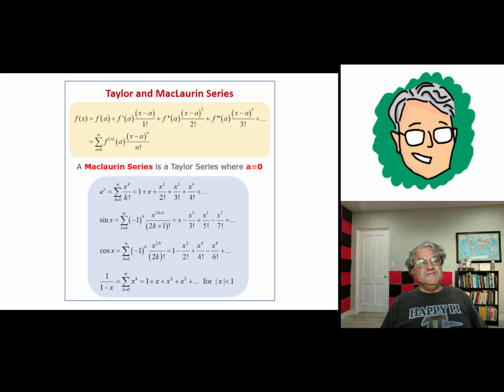And the reason this is useful is because it gives you a really nice way to approximate most well-behaved functions, analytic functions anyway. You can use a series to approximate the value of f of x at any value of x near some starting value, which we're calling a. And this is used on calculators.